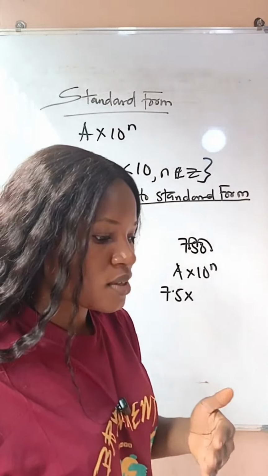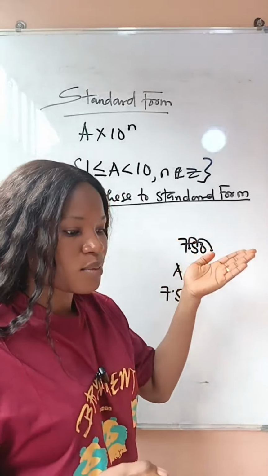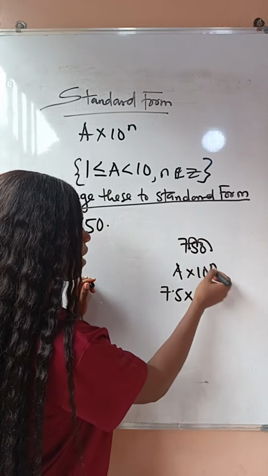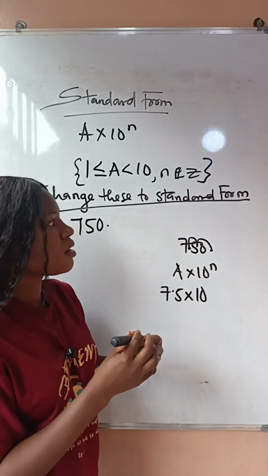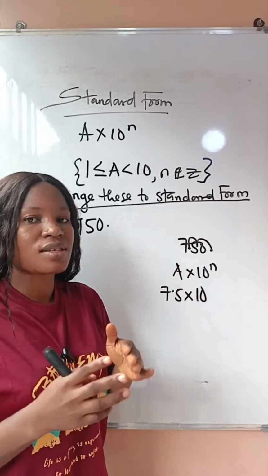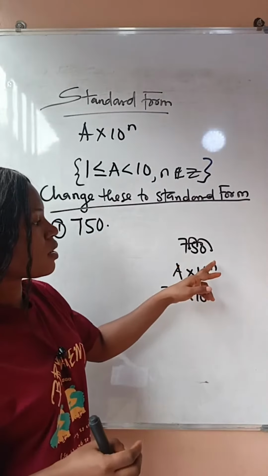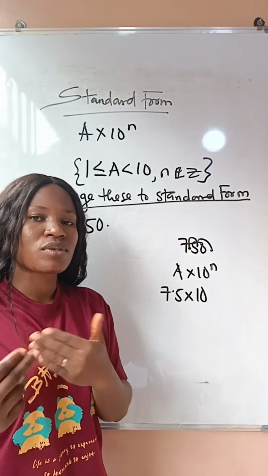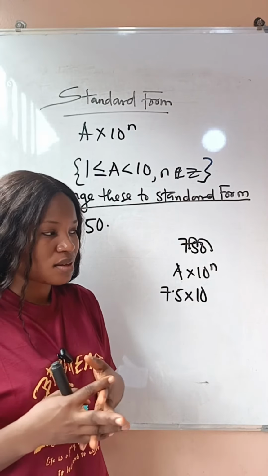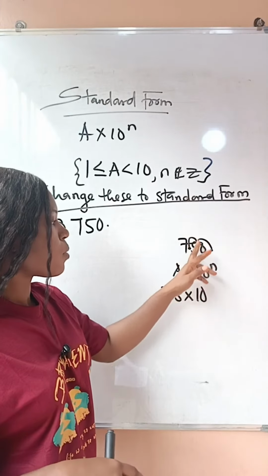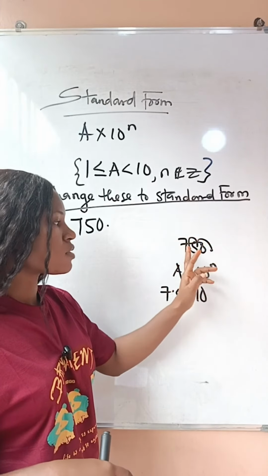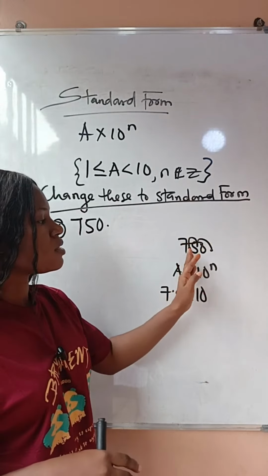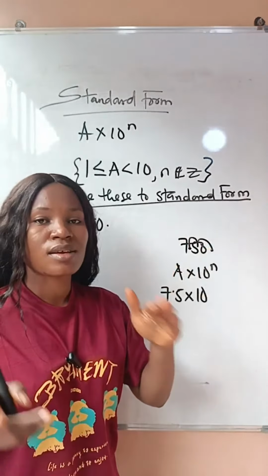Now let us discuss our n, what our n should be. So times 10 to the power of our n, remember that our n must be either a positive or negative integer. Remember that when you shift your decimal point to the left, your n is positive. When your decimal point is shifted to the right, your n is negative.